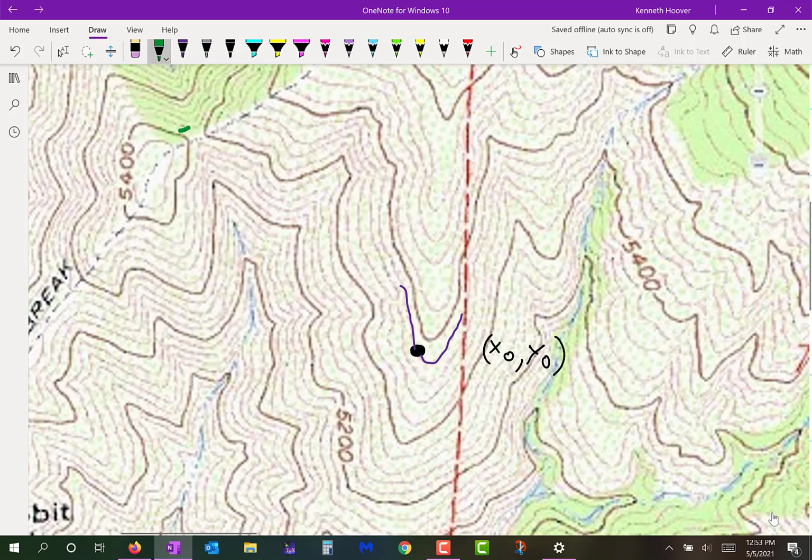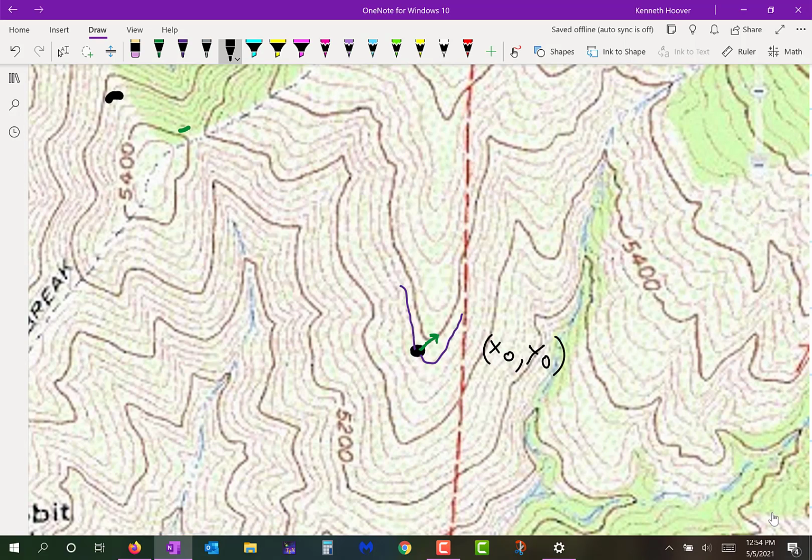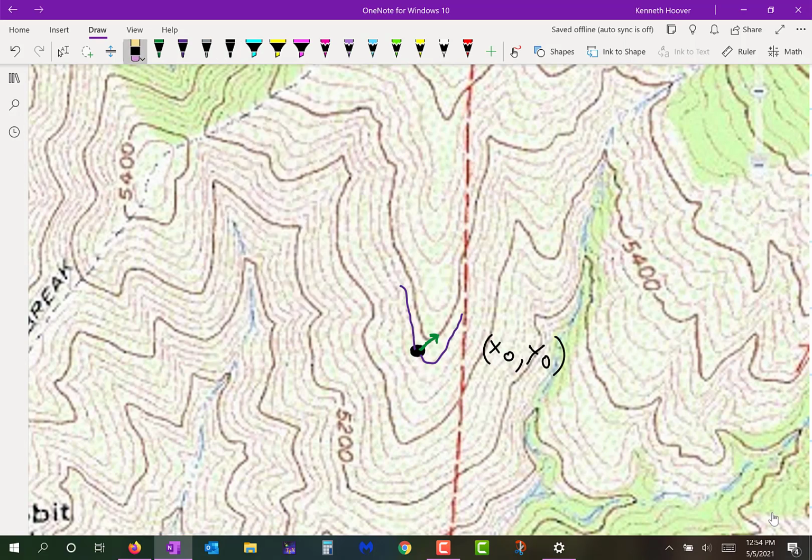Remember, gradient is a vector, okay? The gradient will always be orthogonal to the level curve and pointing uphill, by the way. And I'll tell you the reason why. I'm going to try to just write it right here on this map. Hopefully you'll be able to see what I'm writing here. There's a reason why.